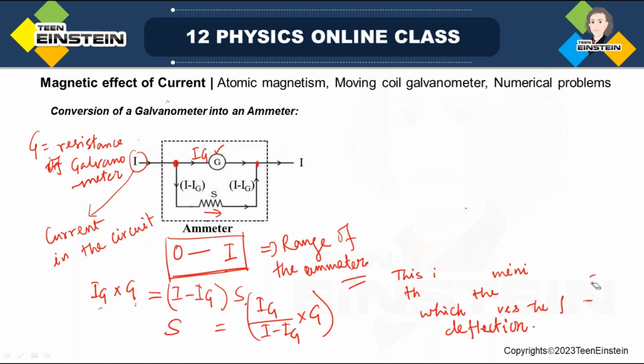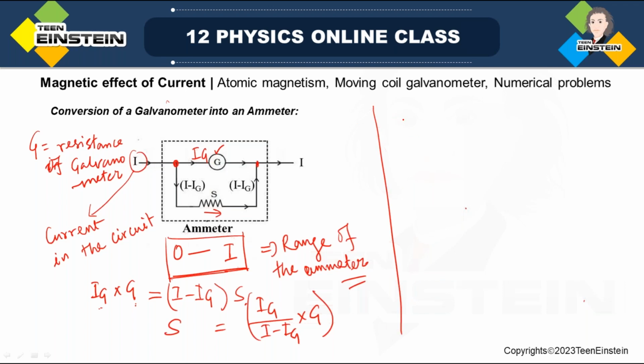Look, I have got this equation. This is the master equation in this case. This is G actually. Then I get I minus Ig. So suppose I have to calculate the galvanometer current.